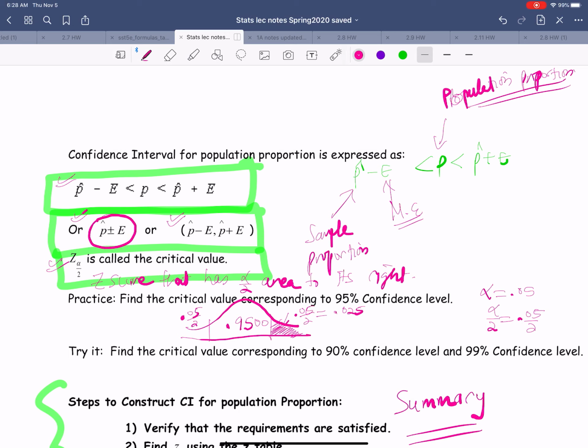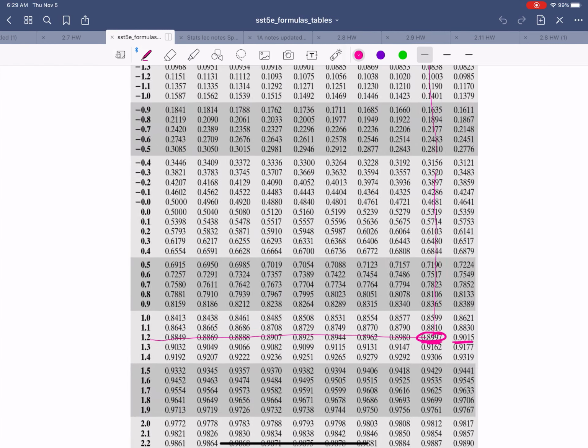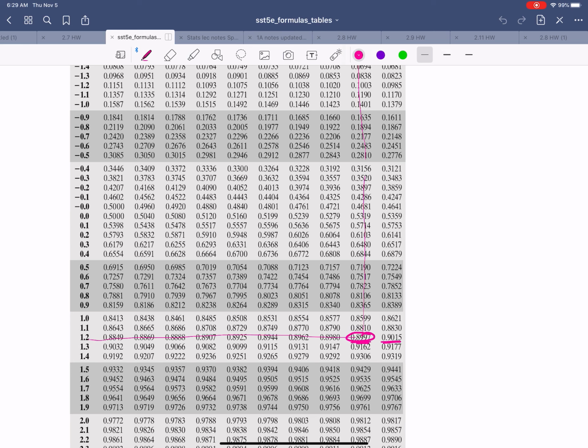So same z-score table, and it's going to be 1.645 is the z-score that has, that is not correct. It's 1.96. 1.96 is the z-score that has 0.025 area to its right. Let's see if we have the formulas here.